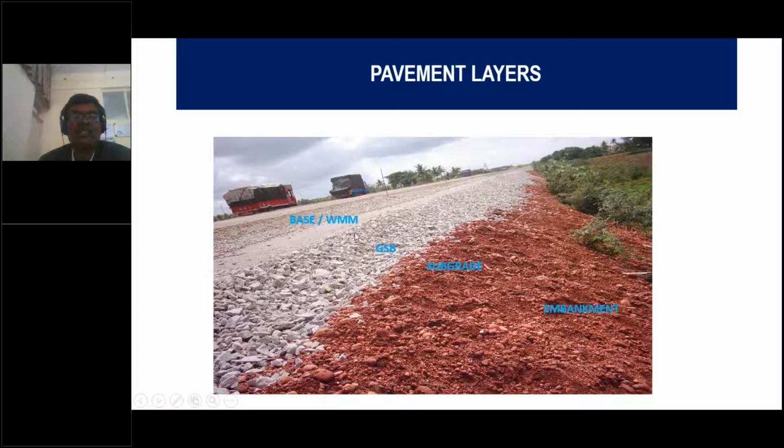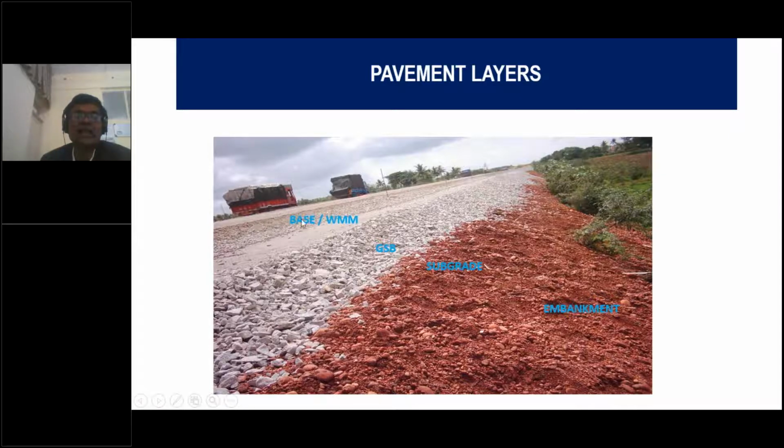And then above this GSB, we construct the granular base layer, especially in our country. Wet mix is the commonly used base layer, a load bearing structure. This is a gap graded layer. We'll have more voids so that permeability will be easy.